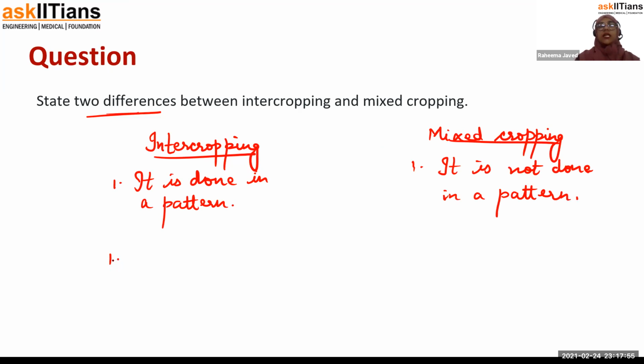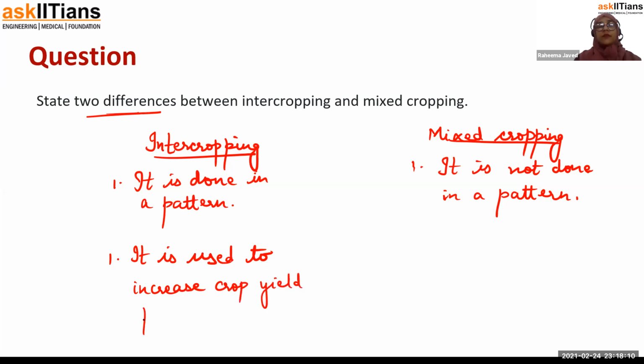Intercropping, on the other hand, is used to increase crop yield per meter square of an area.